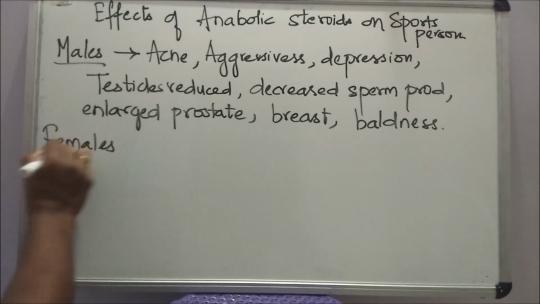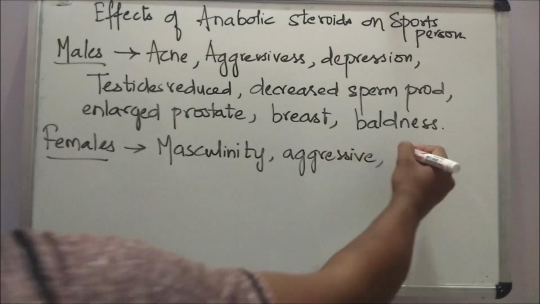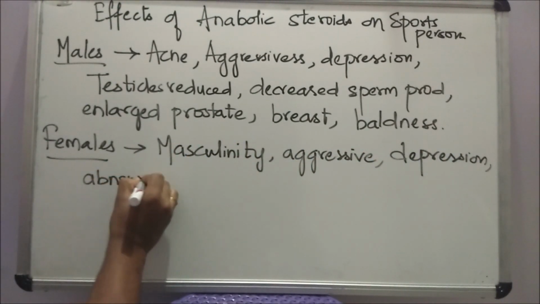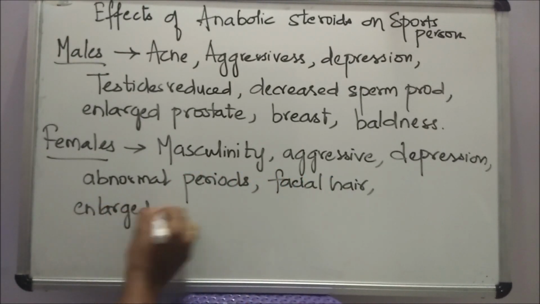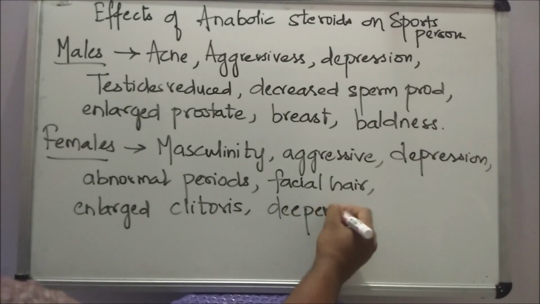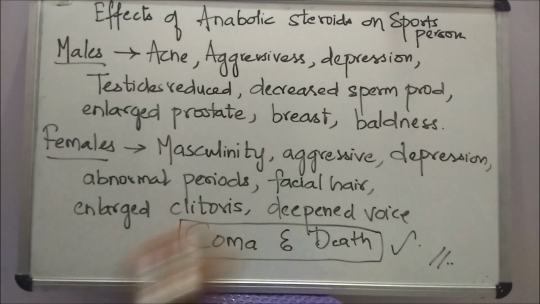In females, it increases the masculinity, aggressiveness, depression, abnormal menstrual cycle, facial hair growth, enlargement of clitoris, and deepening of voice. Prolonged use of alcohol and drugs leads to coma and death.